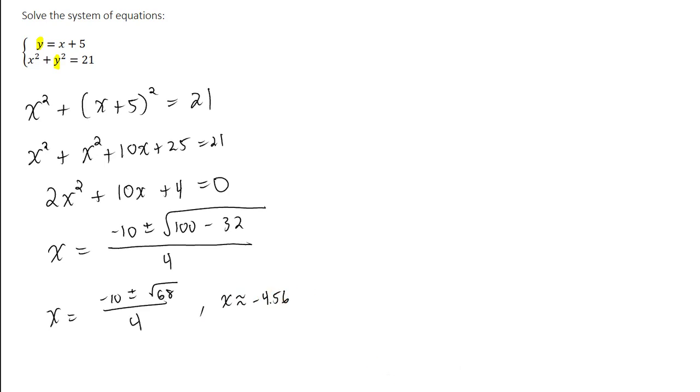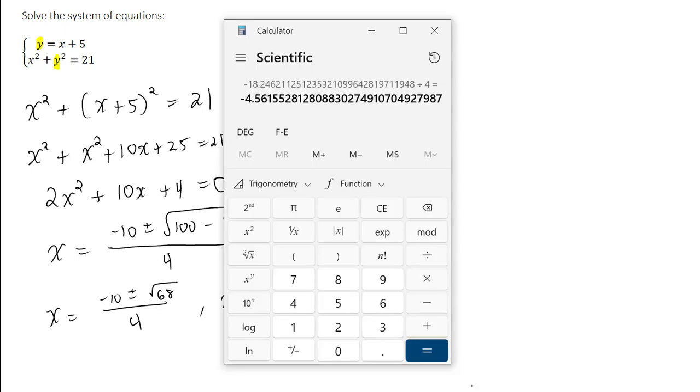All right, now let's find the approximation if we add the radical. So negative 10 plus the square root of 68, equals, take that number and divide by 4, negative 0.44.